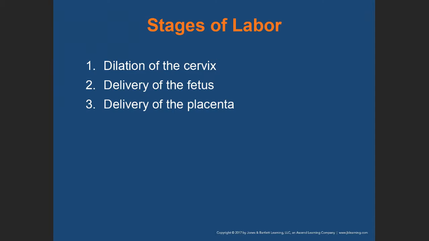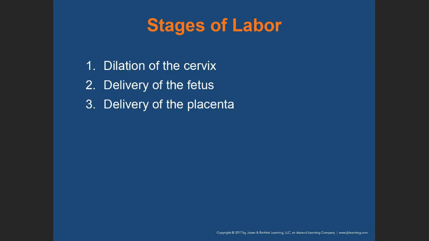So lightning, the mucus plug is expelled and contractions begin. So lightning, mucus plug, contraction starts, and it ends when the cervix is dilated. So that's the first stage. It starts with lightning and contractions, and ends when the cervix is dilated.